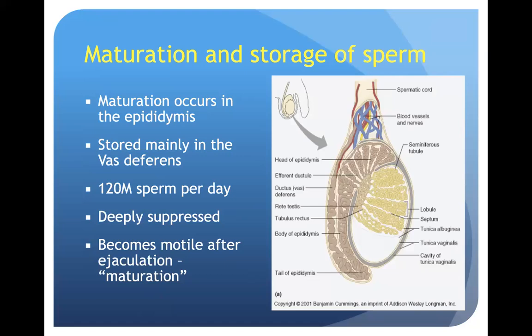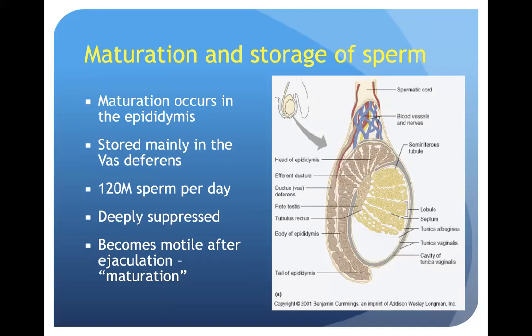As the mature sperm moves through the epididymis, it will somehow become motile. But still, it will not reach yung full motility niya which is found in a truly mature sperm. And once it reaches the vas deferens, it will again somehow lose its motility. Habang nakastore siya doon, hindi siya ganun ka-active. Kaya nga deeply suppressed yung cells kapag nakastore sa vas deferens.